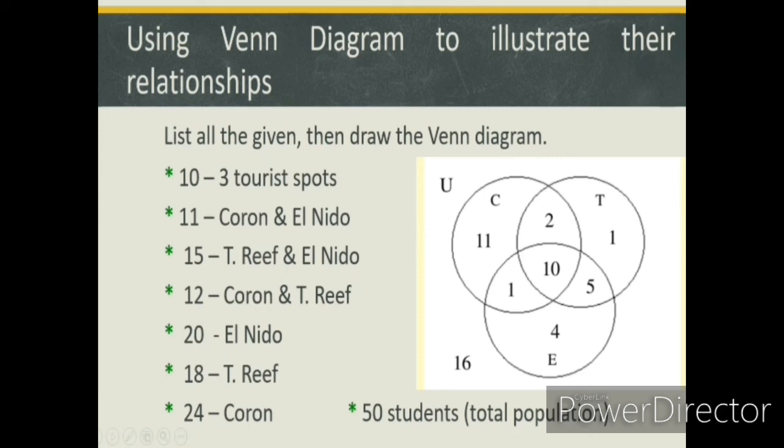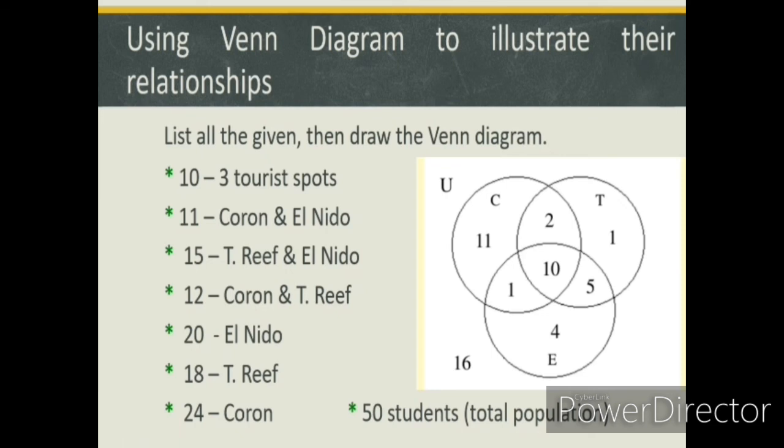Next, 20 went to El Nido. For this part, you have to count the numbers inside the circle labeled El Nido. So you have 10, 5, and 1. 10 plus 5 is 15, plus 1 is 16. But in the problem, 20 of them went to El Nido.